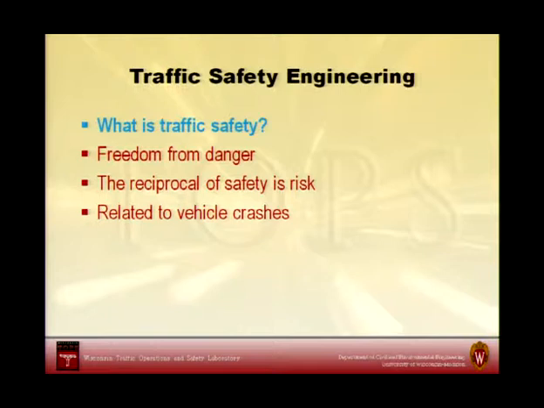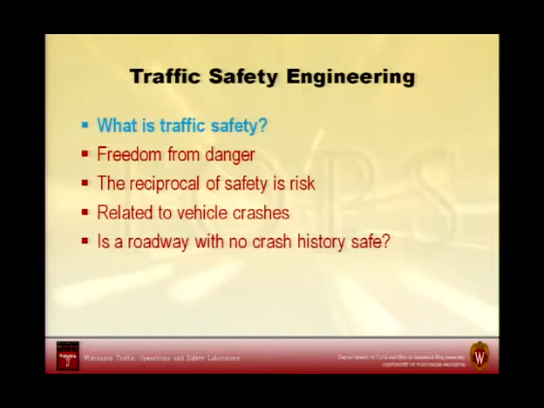But we almost always relate it to crashes. Would you all agree with that? Right? So when you think about safety, we think, well, the most unsafe places are the ones that have the greatest number of crashes, and then opposite for our safest areas. But we have to ask ourselves this question. Is a roadway with no crash history necessarily safe?